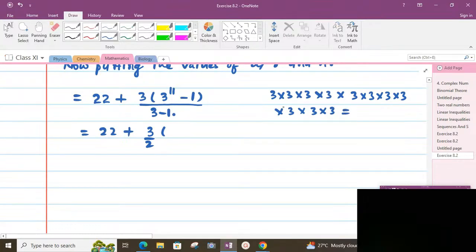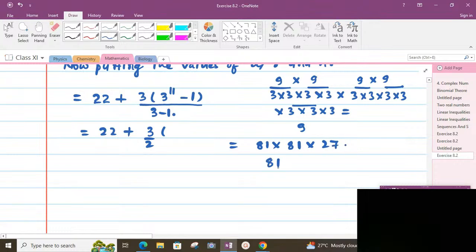Now we find the multiplication. 3 3s are 9, 9, 9, and 9 again; 9 appears 5 times. So this one will be 81, this one will be 81, and this one will be 27.